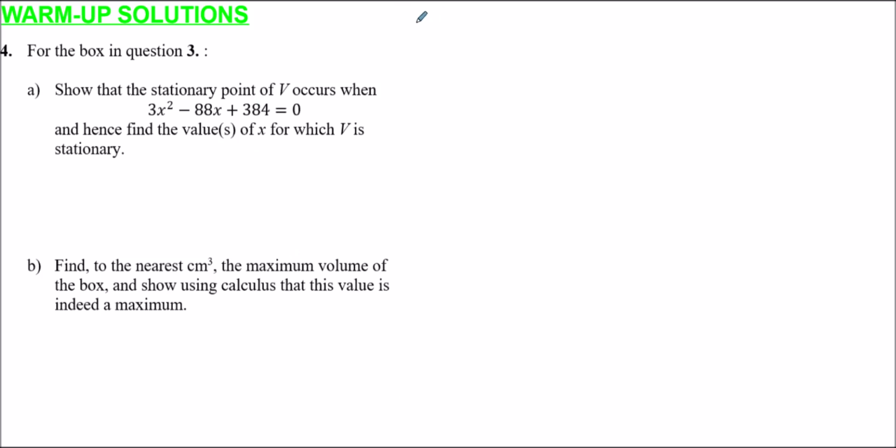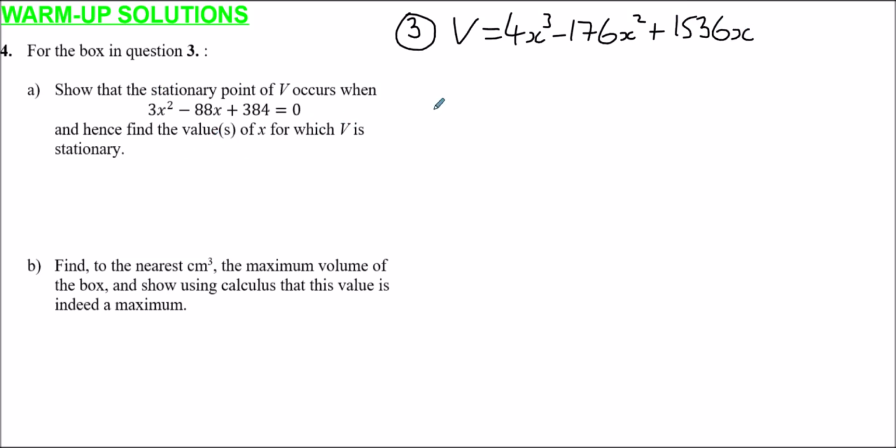So from question 3, what we had is the volume is 4x cubed minus 176x squared plus 1536x. So V is stationary when the derivative of V with respect to x is 0. So we need to do dV by dx and set it equal to 0.